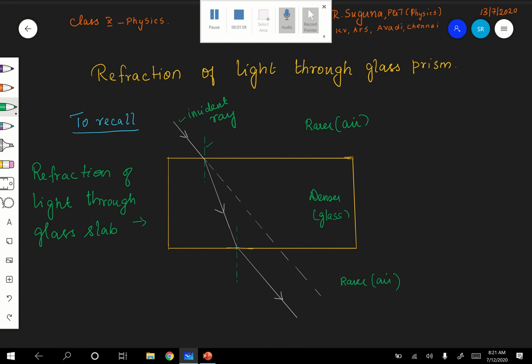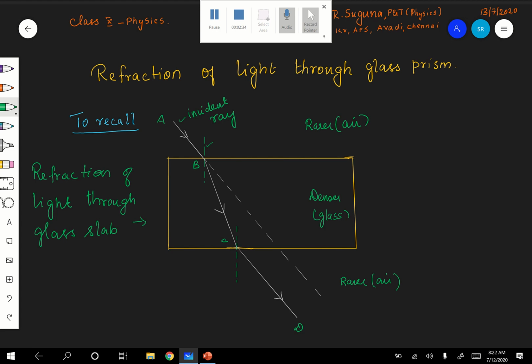Then after that it suffers one more refraction. Let me name the path A, B, C, D. AB is the incident ray and BC is the path of the ray inside the glass slab. Once it comes to C, it suffers one more refraction, from denser to rarer, that is glass to air.